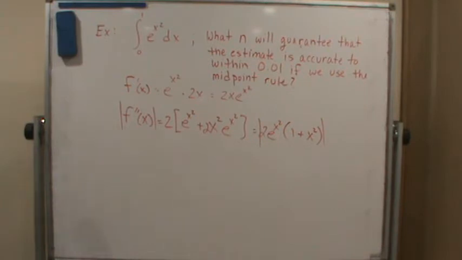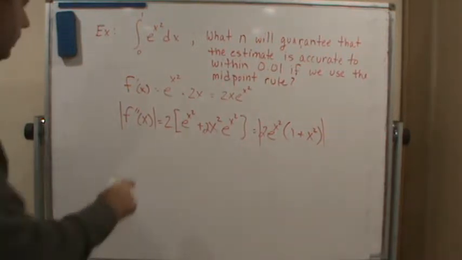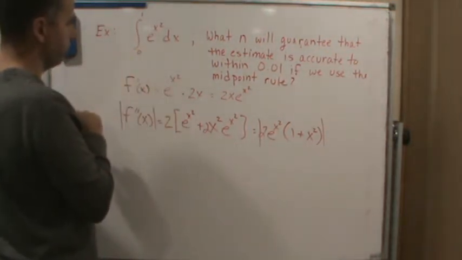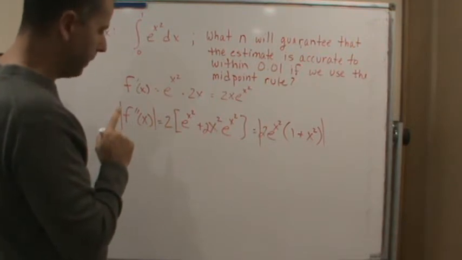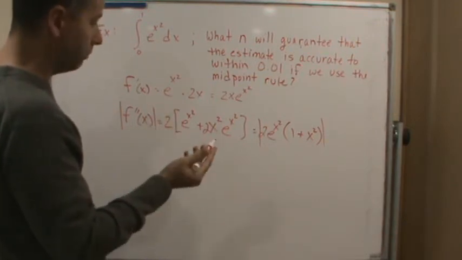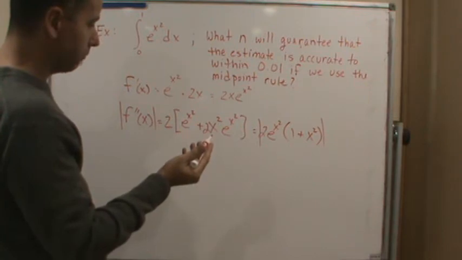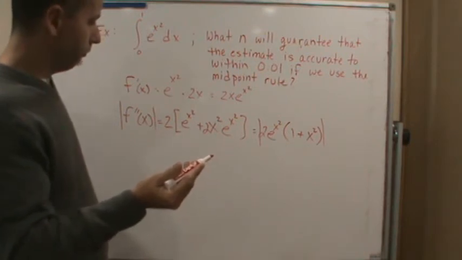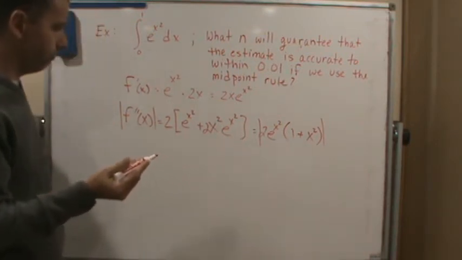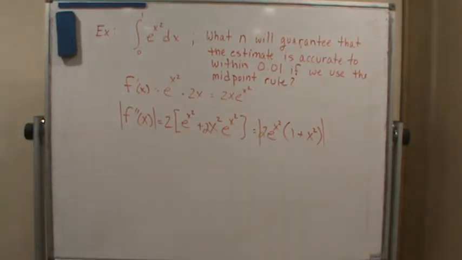So what's the maximum that this thing will be? Well, we're going from 0 to 1, so x is going from 0 to 1. So the maximum this thing will ever be is at 1.